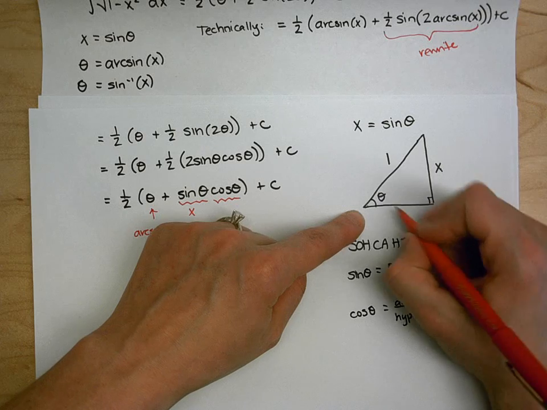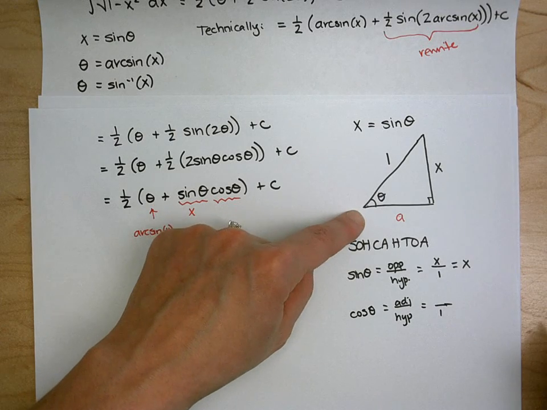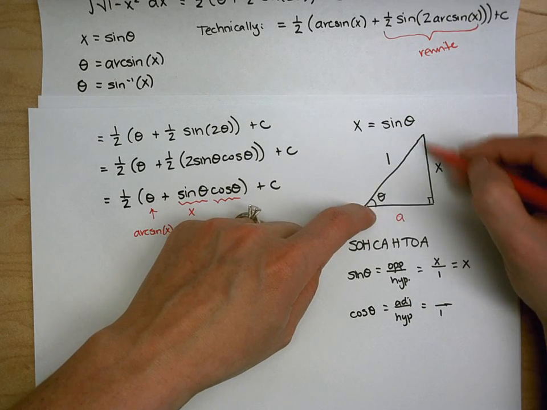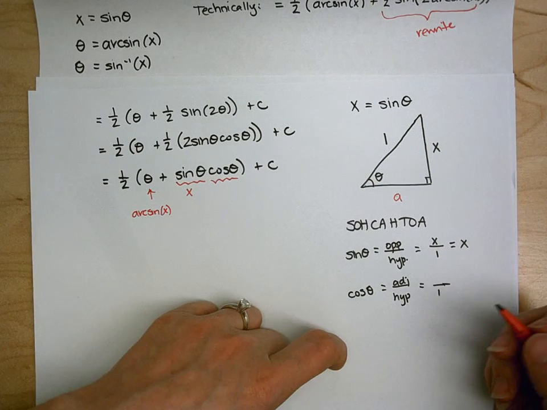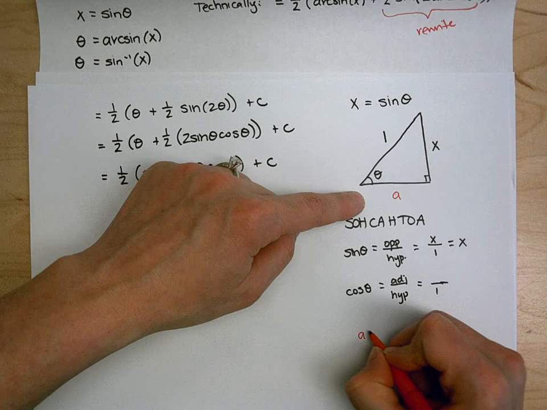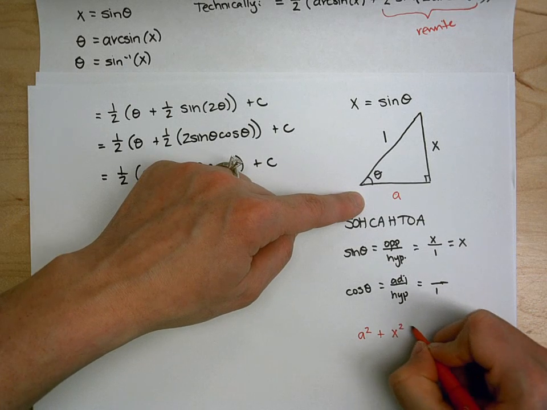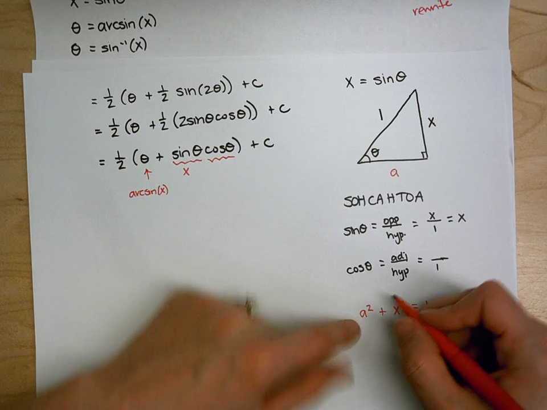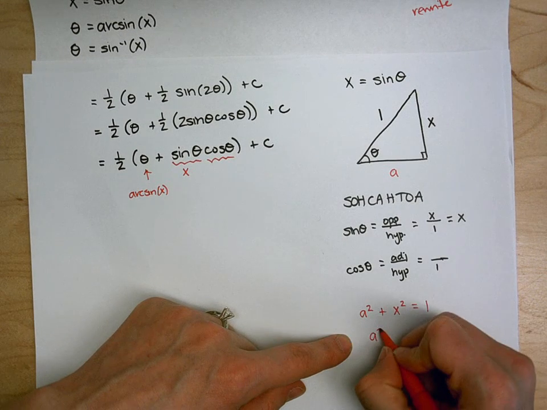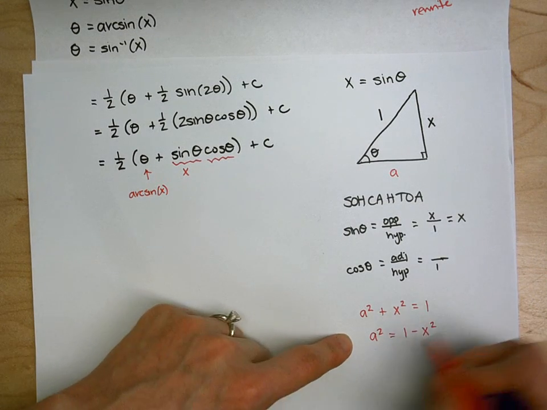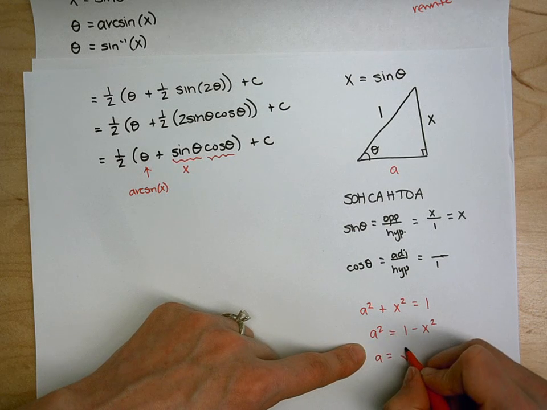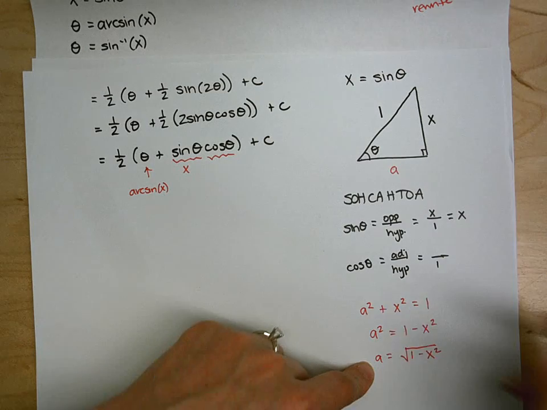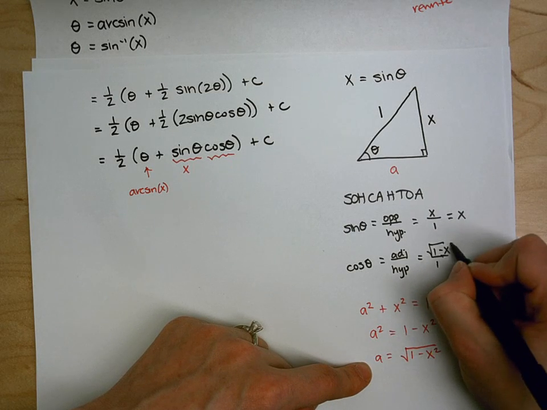Let's call it a for right now. I can find this side length based on knowing these side lengths, and what I mean by that is the Pythagorean theorem. Using the Pythagorean theorem, I have a squared plus x squared equals the hypotenuse squared, which is 1. I'm trying to solve for a, so I'm going to subtract x squared to the other side, and then I can square root both sides. a equals the square root of 1 minus x squared. So that's what goes here, root 1 minus x squared. Let me write it up here too.